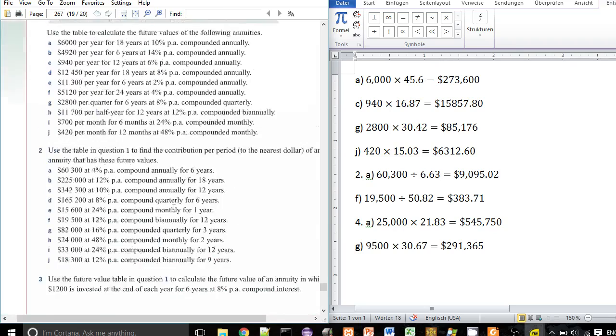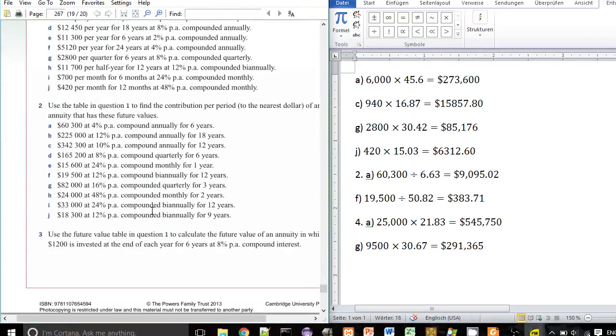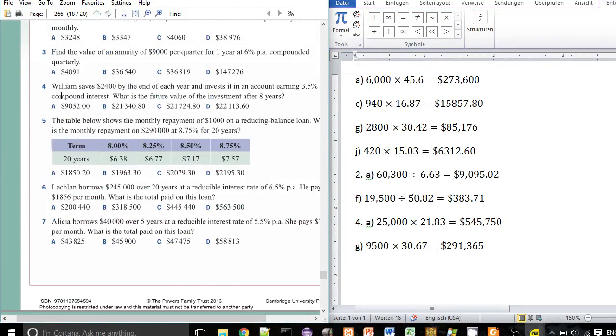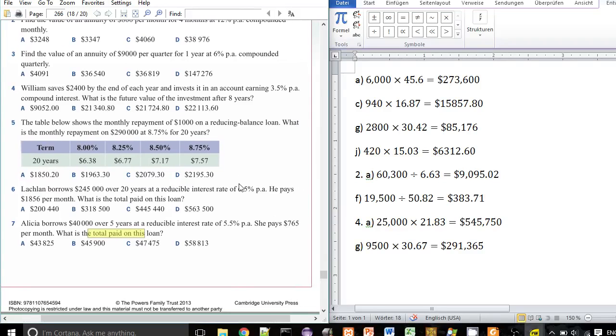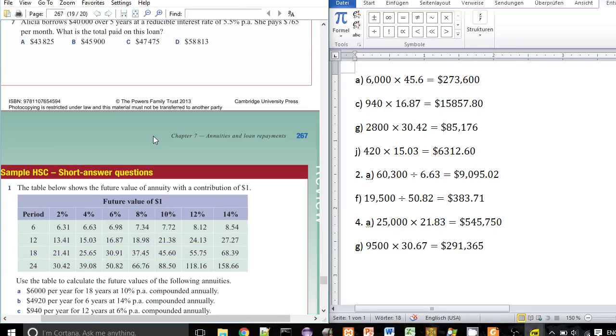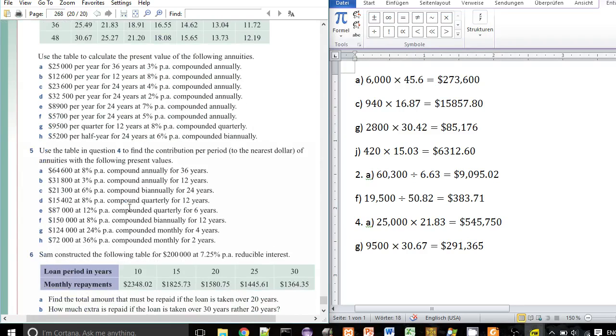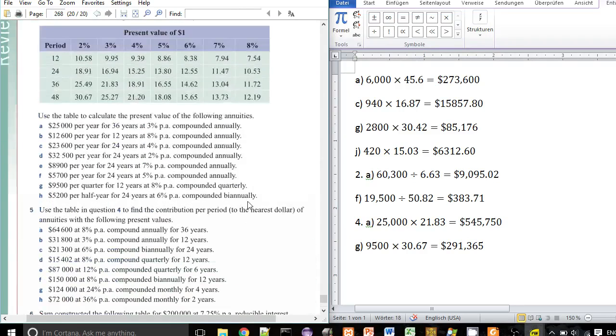Like if it's saying the total amount paid, you just times the monthly payment by how many months. That's it. Just remember, annuities, you don't use any formulas, not really. It's all just step by step, use a table, multiply.